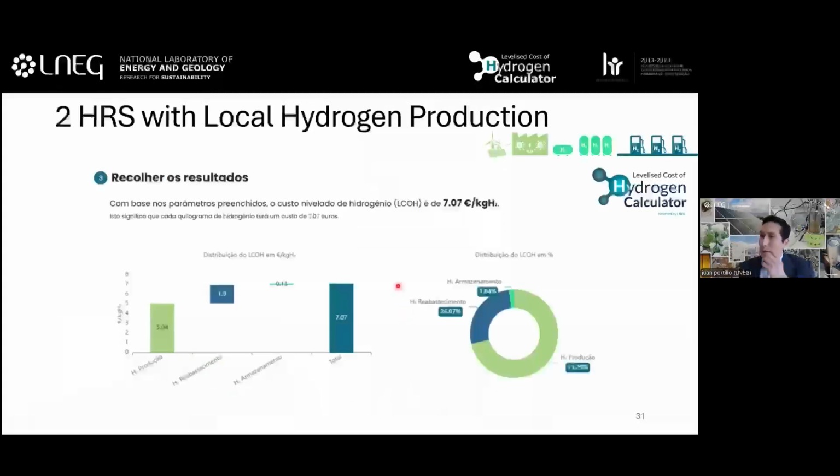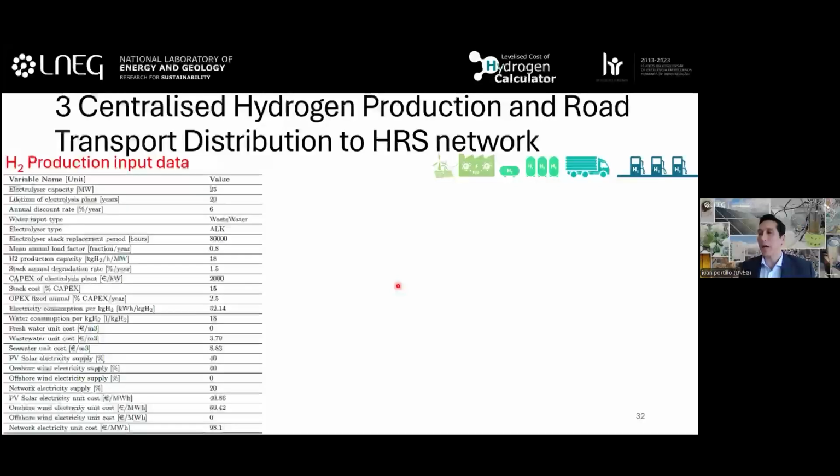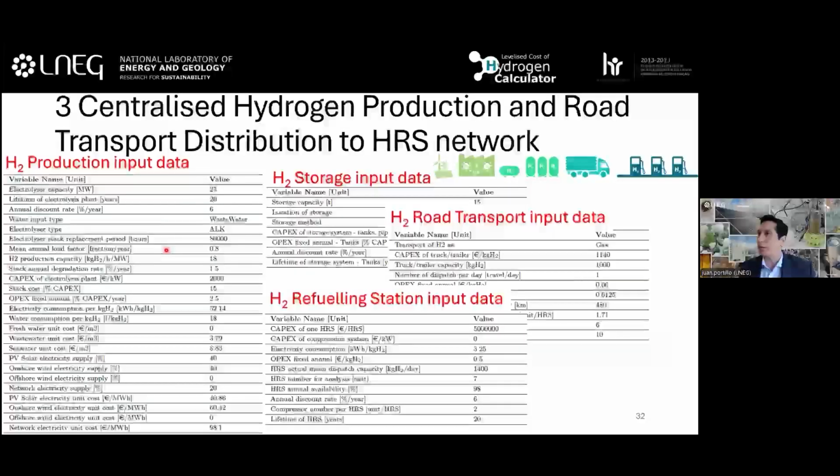So we are talking about prices in the order of 7 euros per kilogram in this case. And in the case of a hydrogen refueling station network, this would be the input data. We won't go through that; it is in the report, and you can inspect it by yourself.